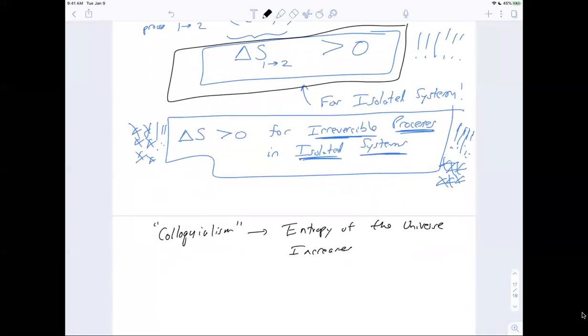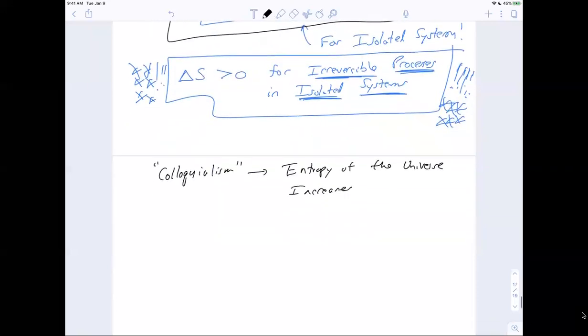Since the universe is isolated, then if we have processes, granted, they have to be irreversible, and the majority of them are, because that's real life. Ideal reversible processes are idealizations. The entropy of the universe increases. Any questions? So far we have delta S is greater than 0, isolated.